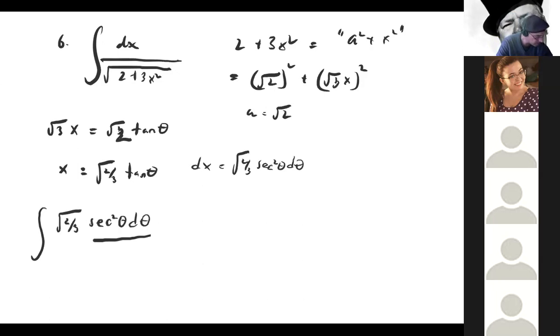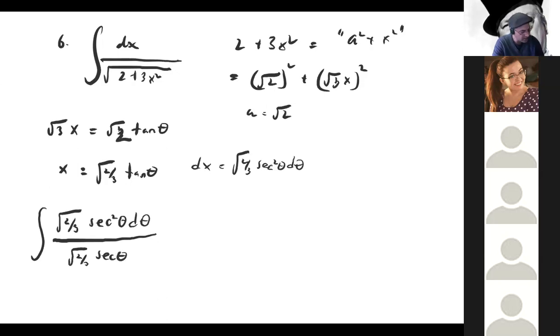And what's the bottom? Well, the bottom, if you work it out, 2 plus 3x squared, it's going to exchange this tangent with its constant for the corresponding secant with the same constant. So it would be the square root of 2/3 secant theta.